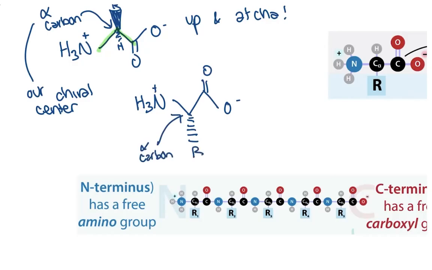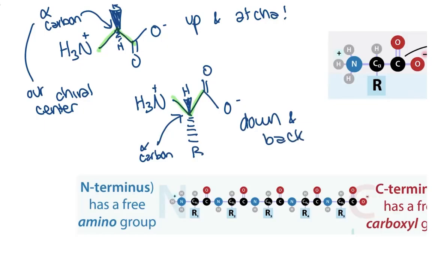This is going to be our R group. And now our hydrogen is sticking forward, but our R group is sticking back. So when we have it sticking down, we're going to have down and back. So up and at you, or down and back.